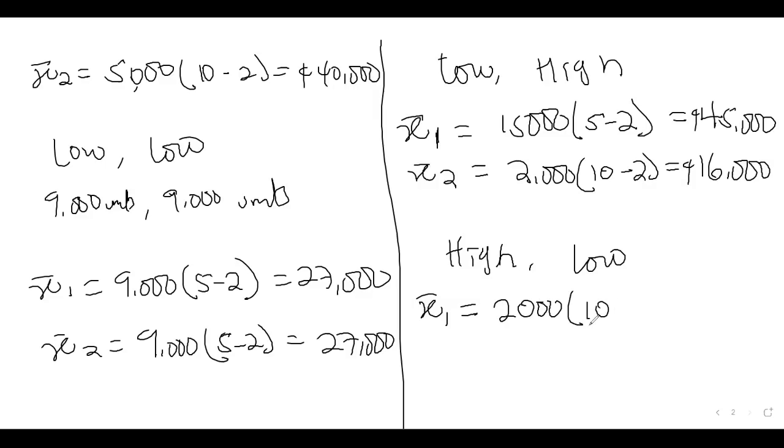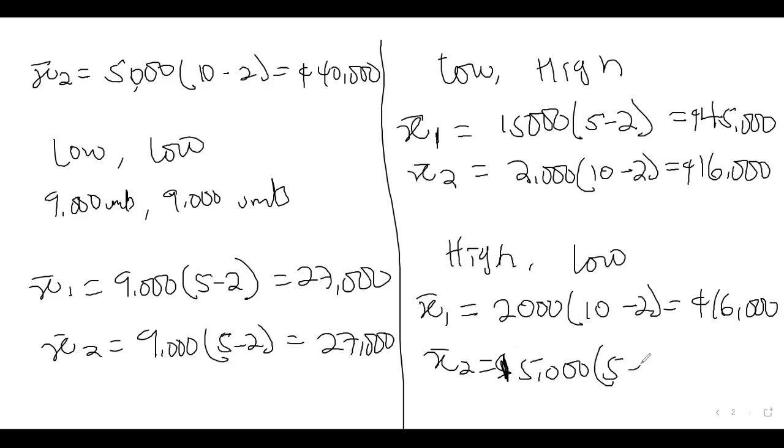To bracket 10, which is the high price minus average cost of 2, which will be 16,000. Then the one that sets low price, firm 2, will get 15,000 output into bracket the price 5 cedis minus 2, so you get the profit of 45,000, okay? So all these are the outcomes.